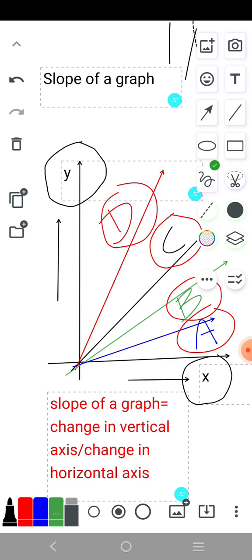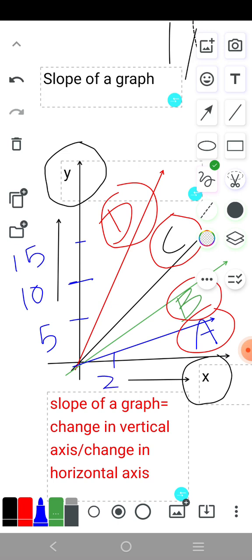Let's obtain the slope of graph D. Suppose we take the values here 5, 10, 15 along the y-axis, and along the x-axis the values 2, 4, with the origin obviously 0. Now you see, what is the change in x-axis?